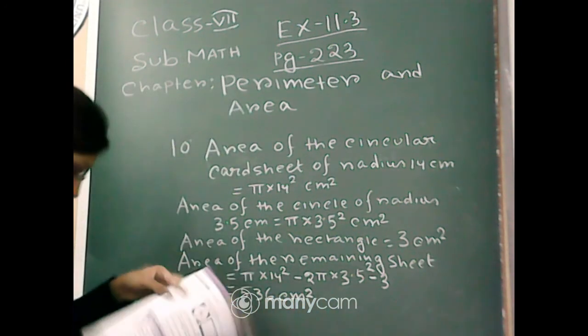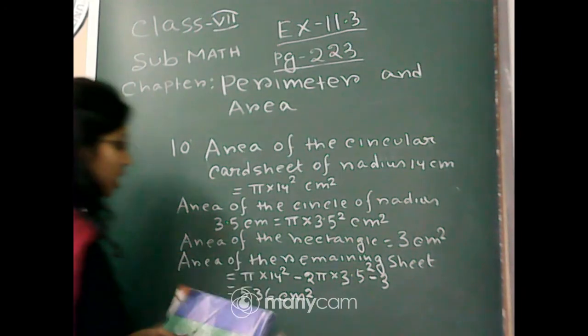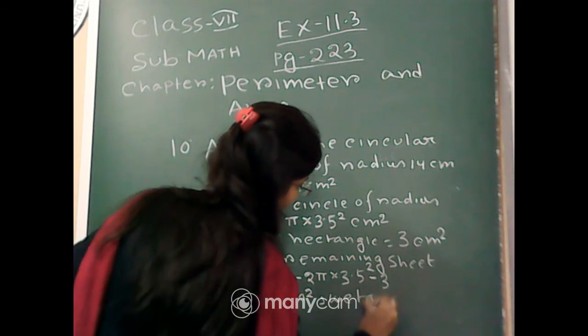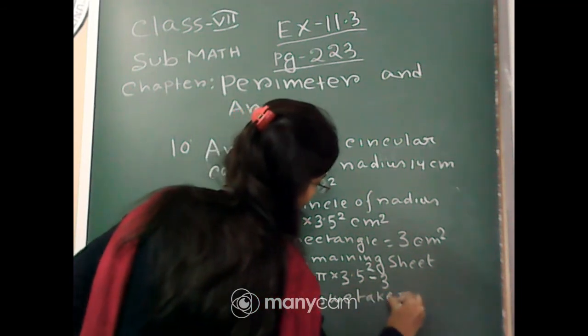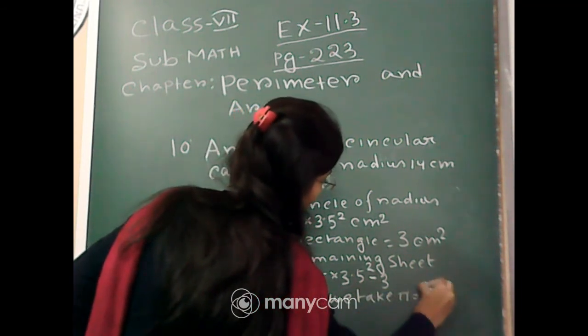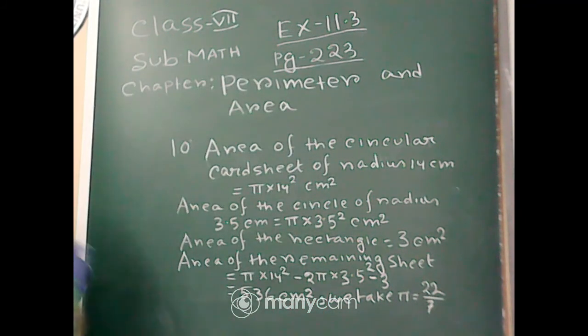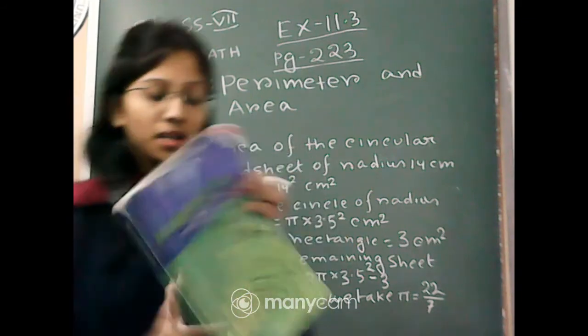In this case, we take π is equal to 22/7. Therefore, area of the remaining sheet is equal to 536 square cm. Check the calculation.